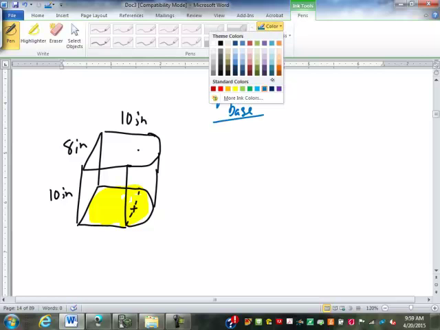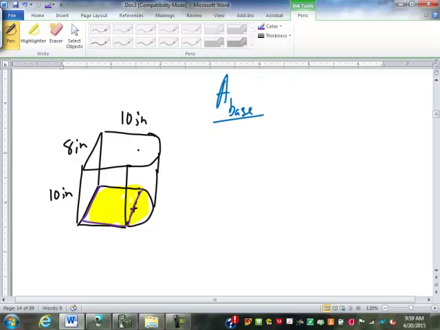First we have a rectangle here. It's 8 by 10, or 80 square inches. Then we have this half circle here. What's the radius of that circle? What's it across here? 8, which is the diameter.